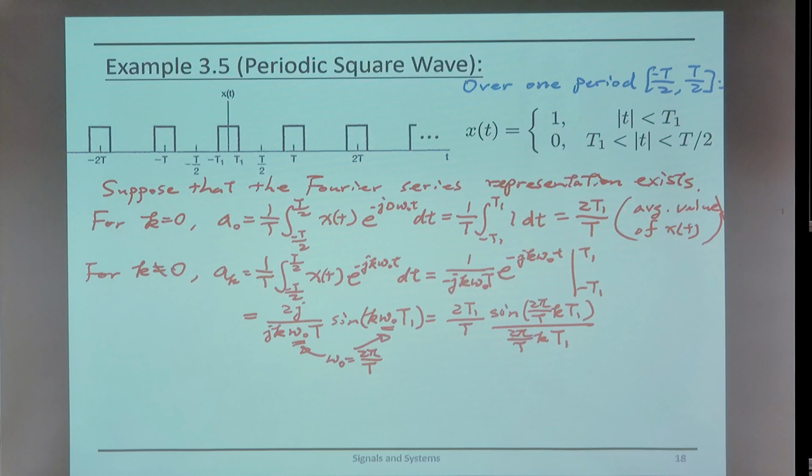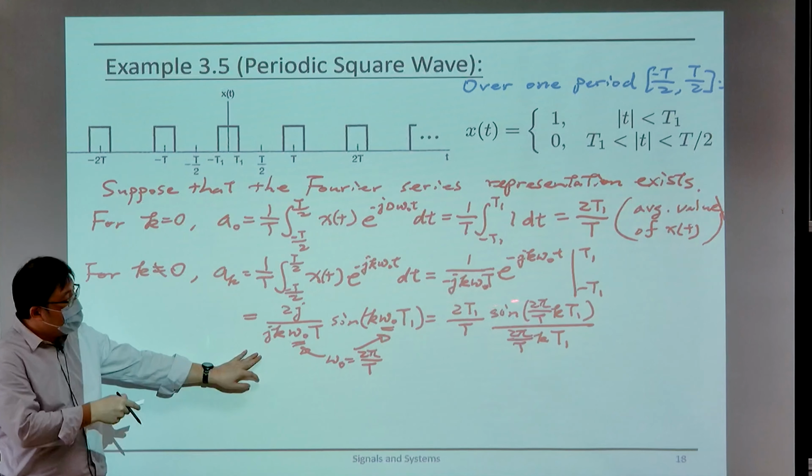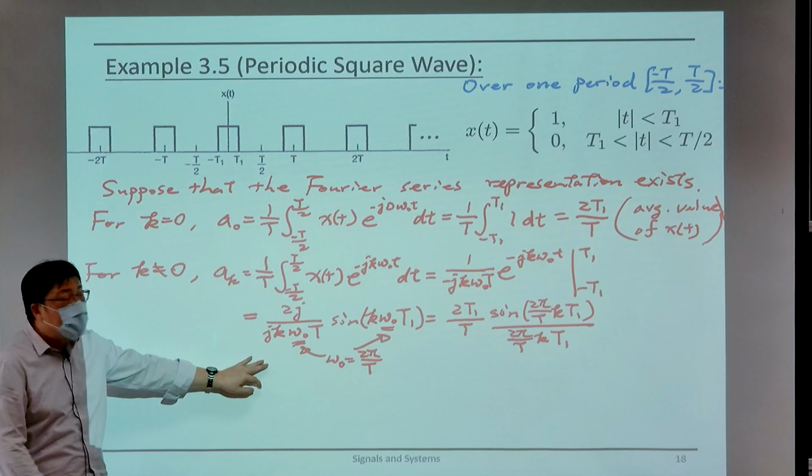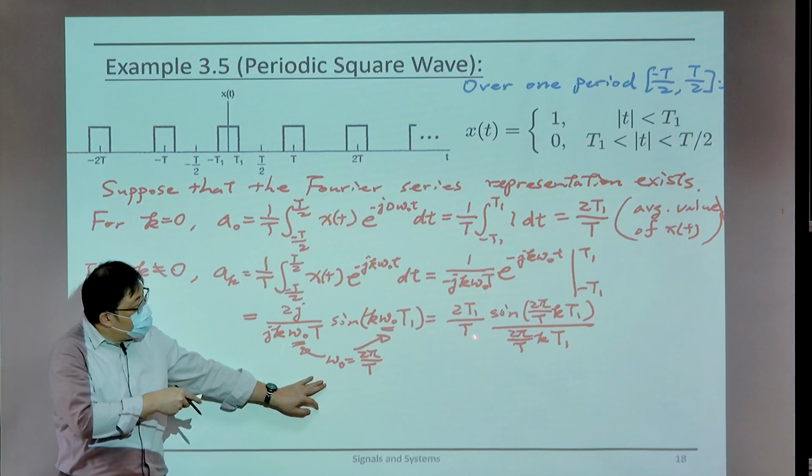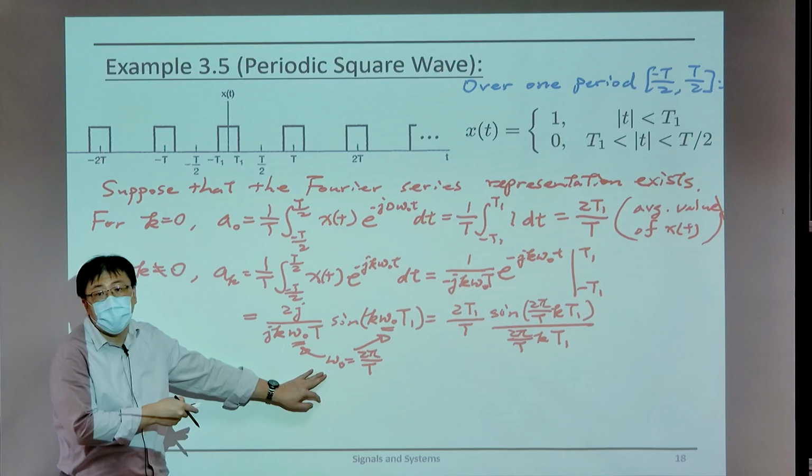All right, now the reason I want to write it in this form is because this is in the form of the so-called sinc function.